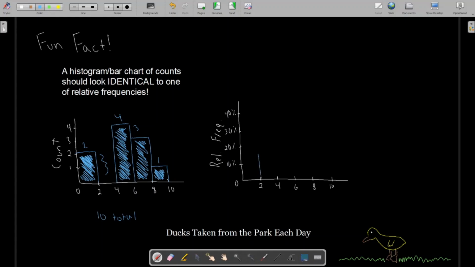And we would repeat the process for the other 3 bars and see that in the end, the graph will look the exact same. It'll have the exact same proportions as the previous one that listed just the counts.